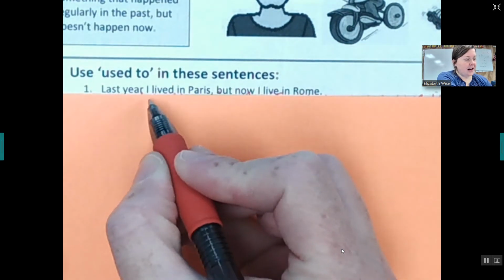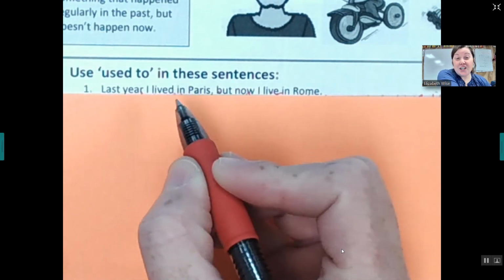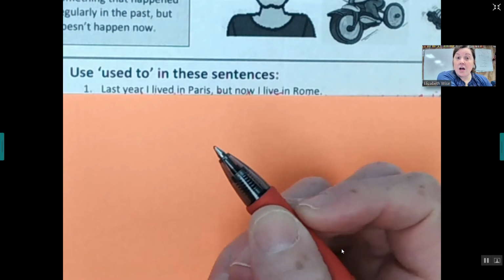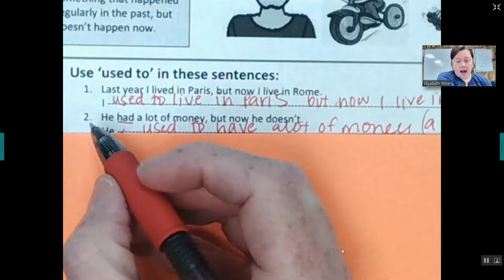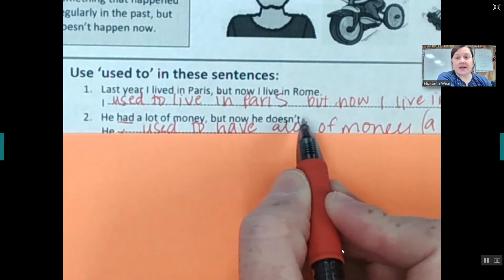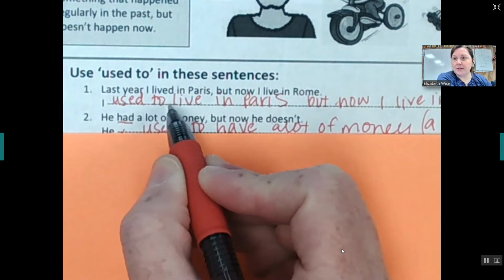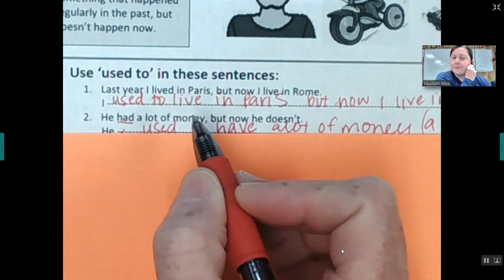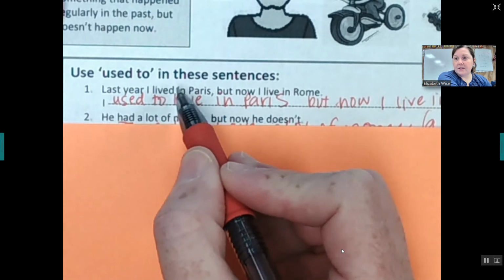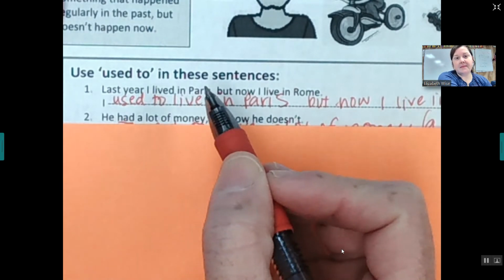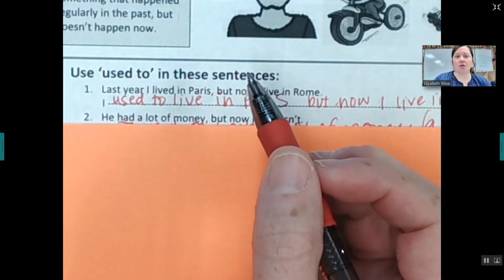So this is past tense. This is a good sentence. You can say this. You can also say, last year I used to live in Paris, but now I live in Rome. We're just changing "lived" to "used to live". That means I did it in the past. I don't do it now.